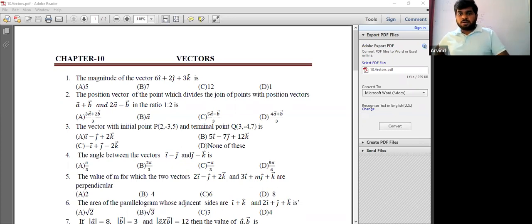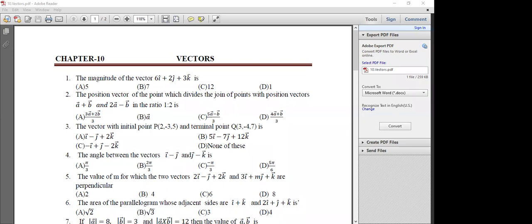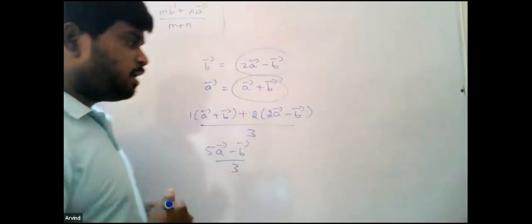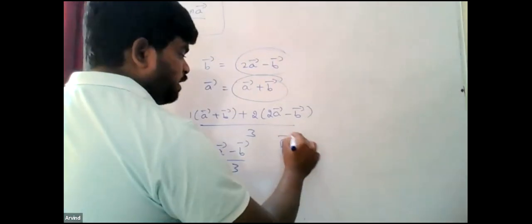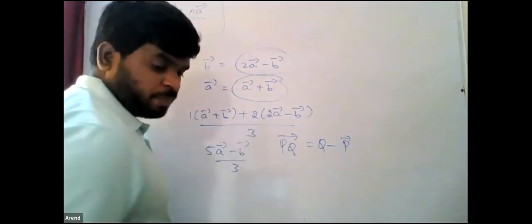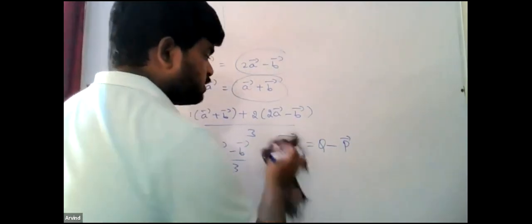Option A, sir. Option A. Yeah, that's correct. So if you're finding vector PQ, then it should be Q minus P, that is Q coordinates minus P coordinates.